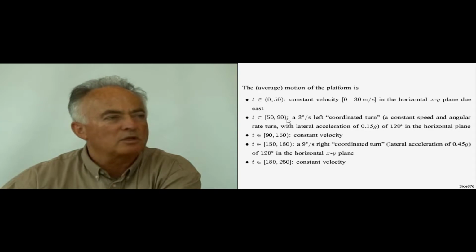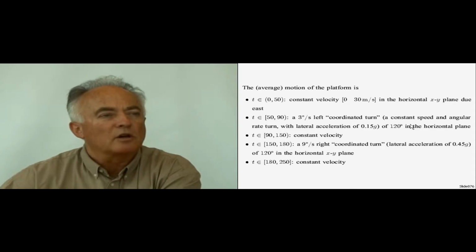This time interval is semi-closed: it includes one endpoint, does not include the left endpoint, and the right endpoint is included in the next interval. This is a constant speed and constant angular rate turn with a lateral acceleration of 0.15 g.